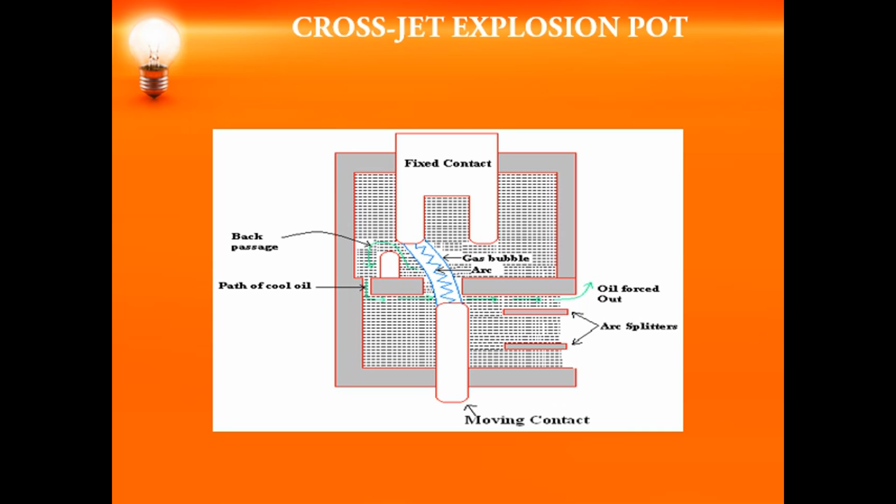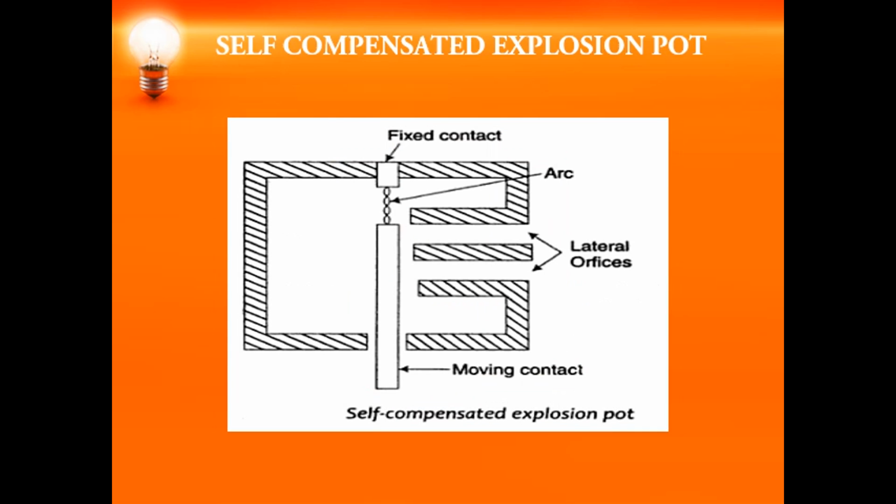So next is the self-compensated explosion pot. The self-compensated explosion pot is a combination of the plain explosion pot and the cross-jet explosion pot. Its upper portion is a cross-jet pot and the lower one is a plain explosion pot.